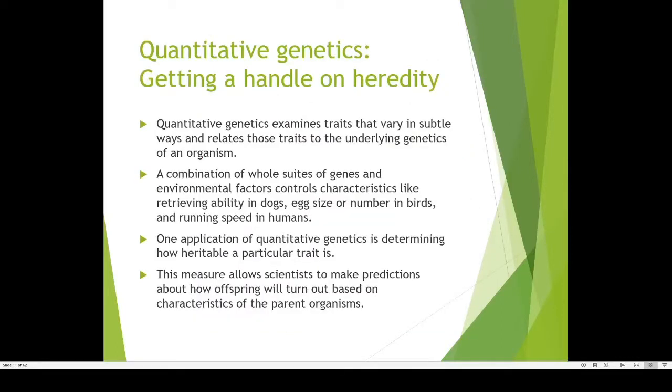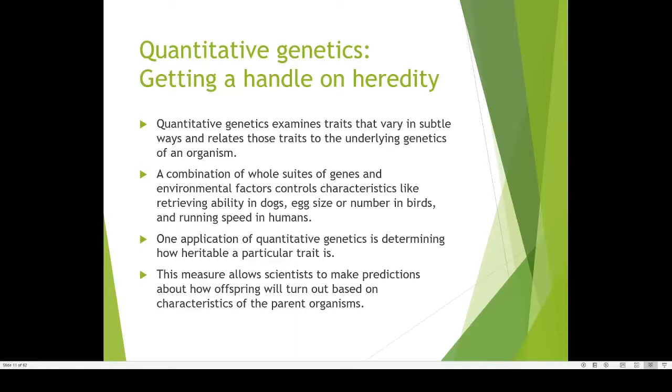So for quantitative genetics, it's getting a handle on heredity. Quantitative genetics examines traits that vary in subtle ways and relates those traits to the underlying genetics of an organism.